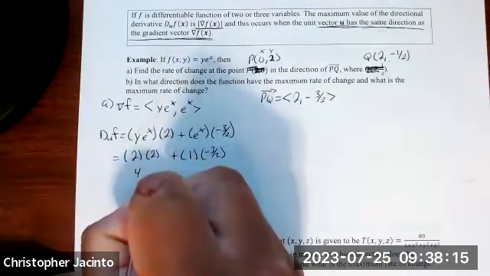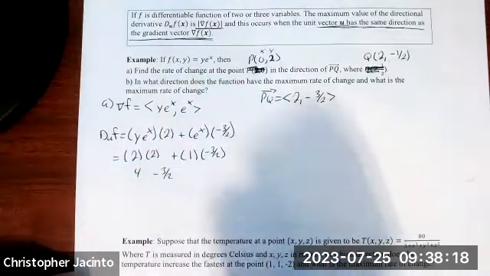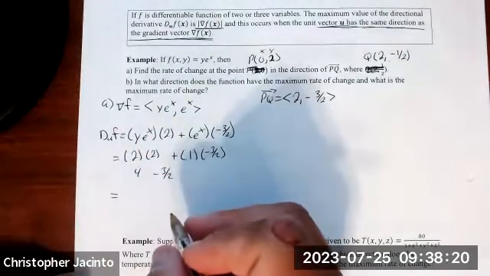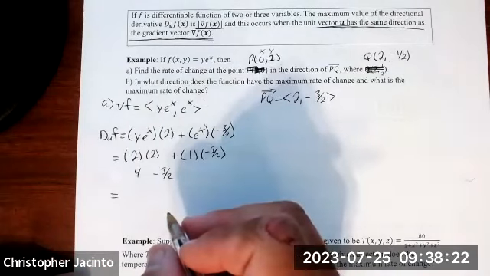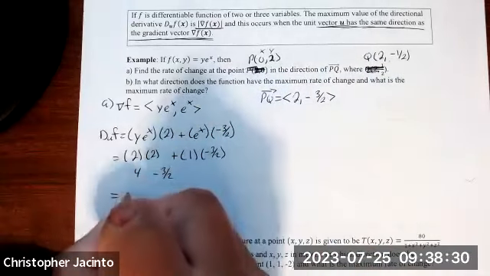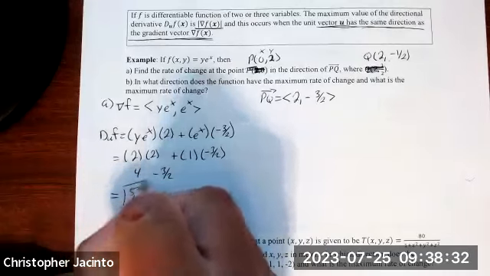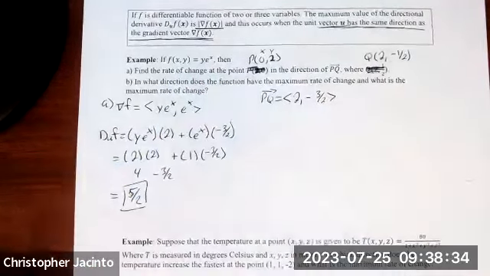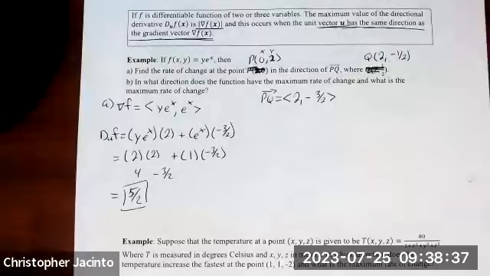So 4, and this gives us what here? 8 over 2. So 5/2. Okay, so that's part A.